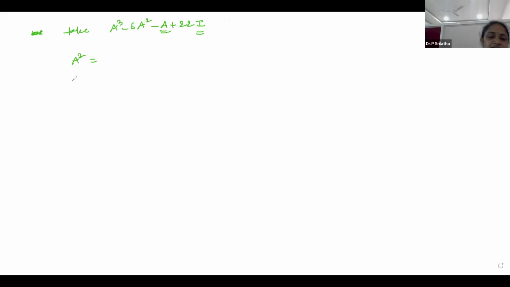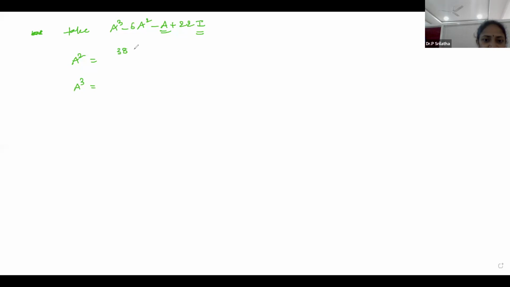So now calculate A square and A cube. Do it fast and tell me what is the matrix. So first row of A square is 38. Very good.